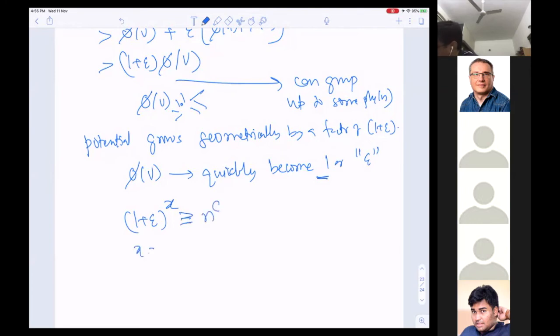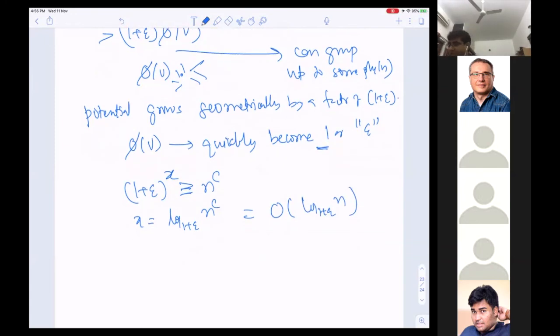So x is roughly log base 1 plus epsilon of n^c, which is order log base 1 plus epsilon of n. But it is not true that you become 1 immediately.